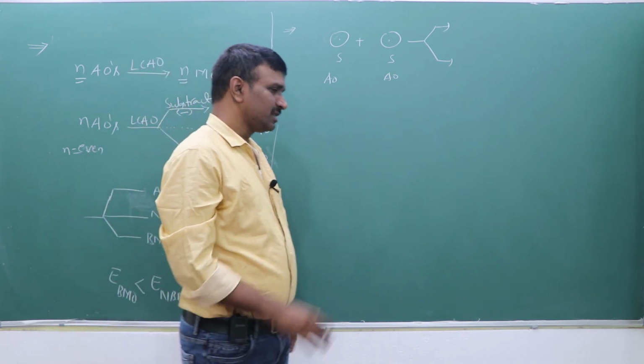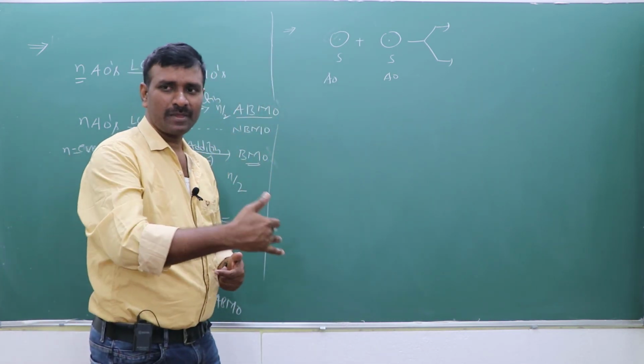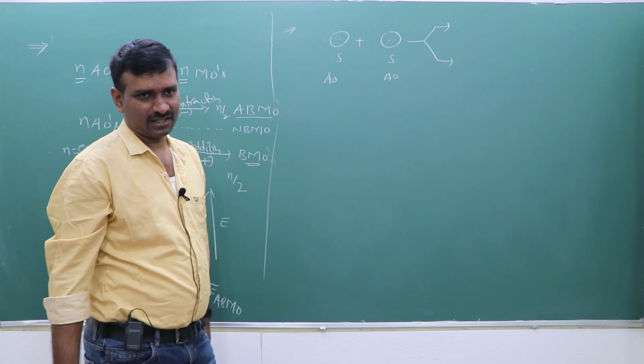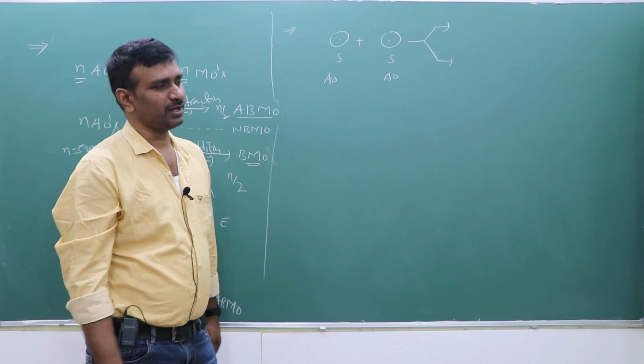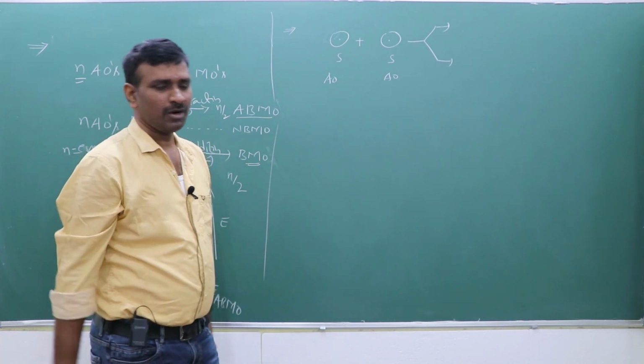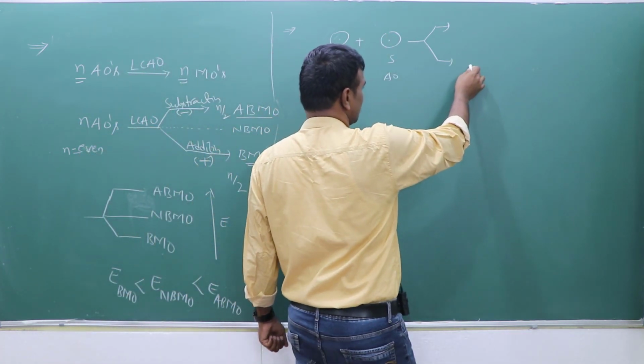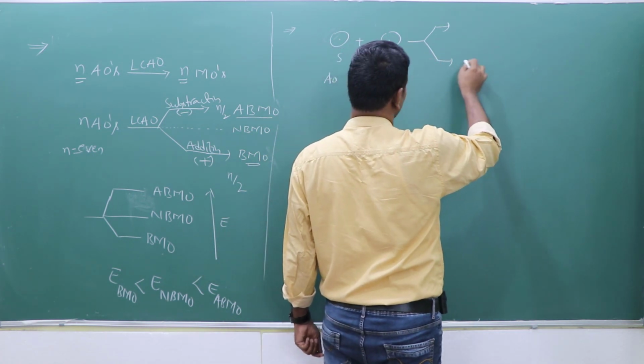In sigma bond formation, sigma bonding molecular orbitals are generated, and sigma anti-bonding molecular orbitals are generated. Bonding as well as anti-bonding molecular orbitals. So two atomic orbitals mix and two molecular orbitals are generated. One is the sigma bonding molecular orbital.